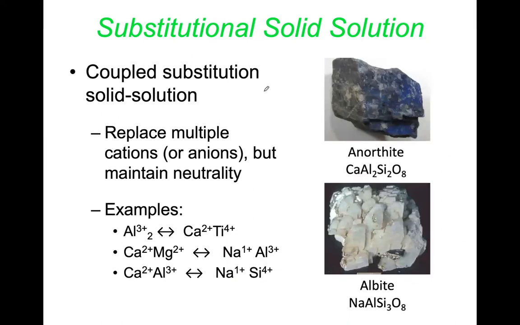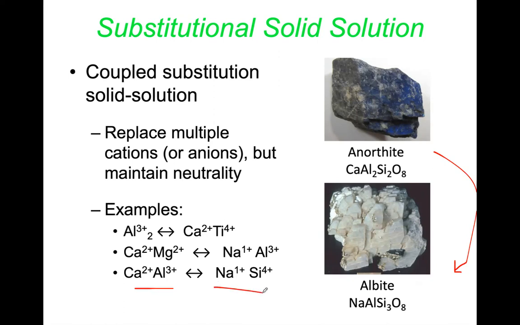And you can see anorthite and albite change, right? So calcium aluminum is replaced by sodium silicon.